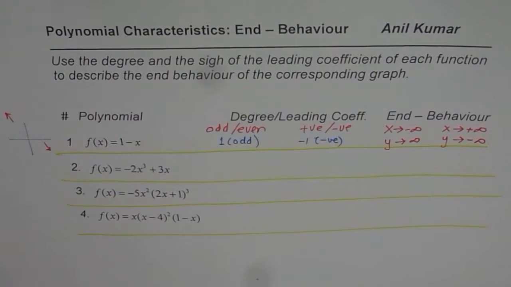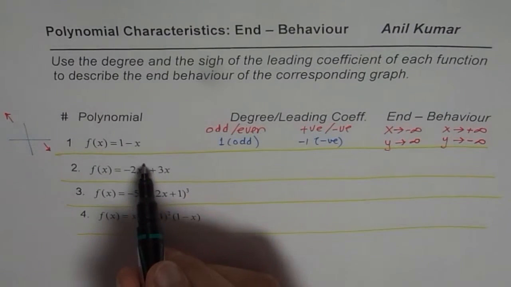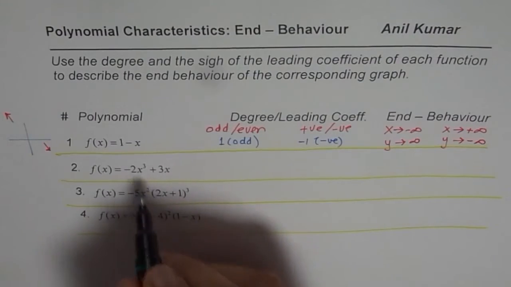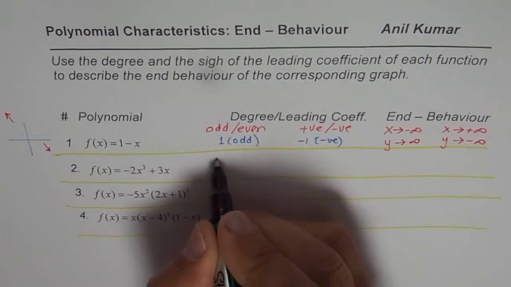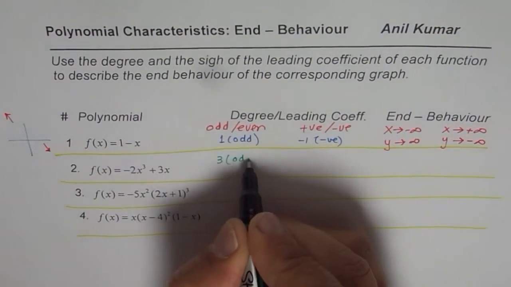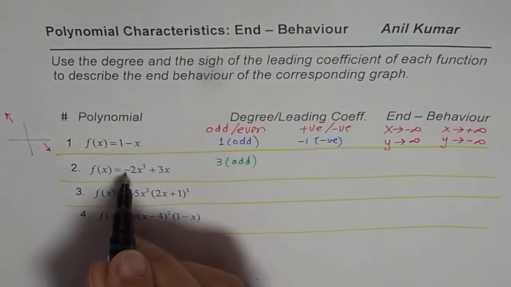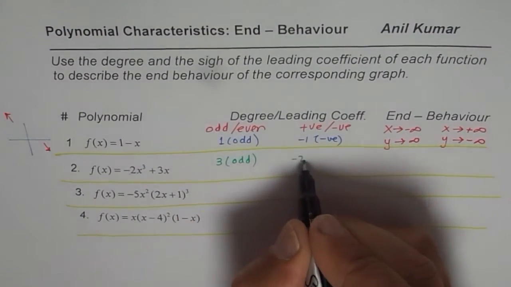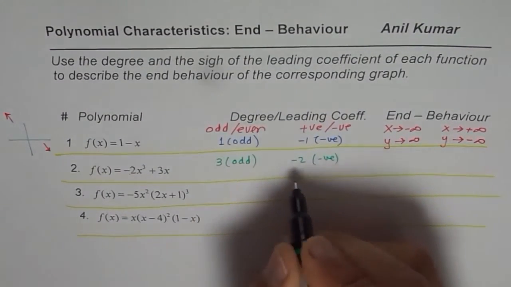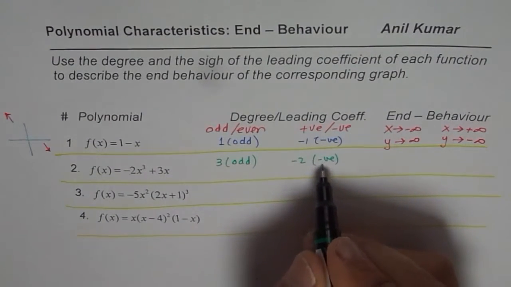Okay, let's look into 2 now. F of x equals minus 2x cubed plus 3x. So the degree is 3 for us, which indeed is odd, and the leading coefficient is minus 2, which is negative, right? So negative means right side down.